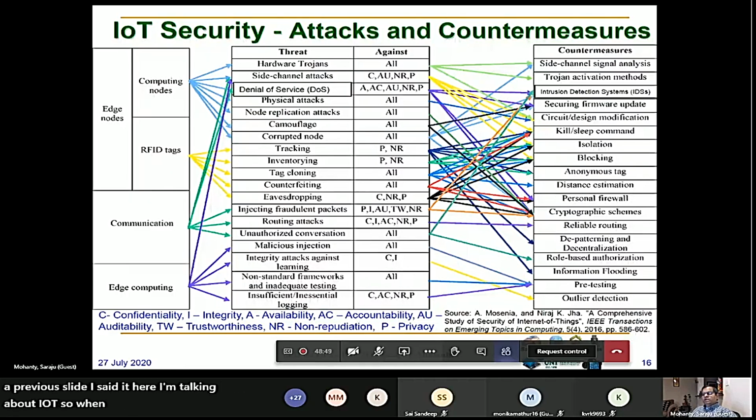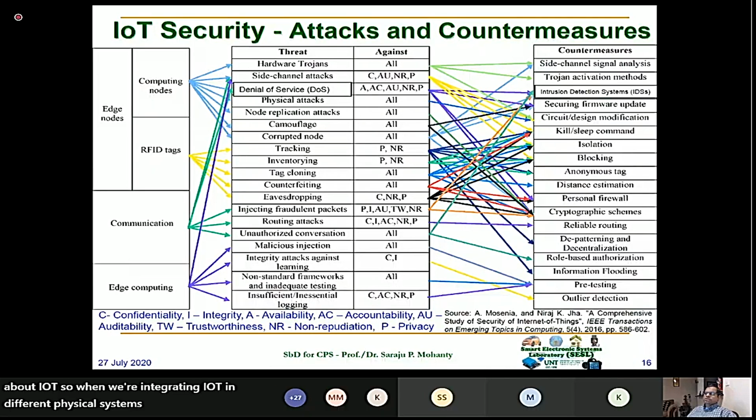When we are integrating IoT in different physical systems, the security issues become much more challenging. For example, a hardware trojan is a security threat that can happen to different hardware. Then there is side channel attack, again a hardware related problem. And a lot of people are already aware of denial of service kind of attack that happens in regular connectivity, which can happen with IoT as well.